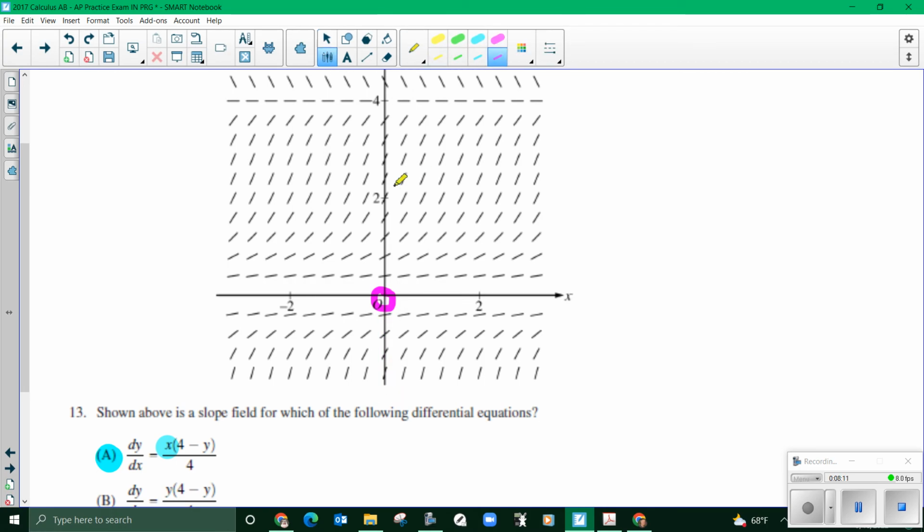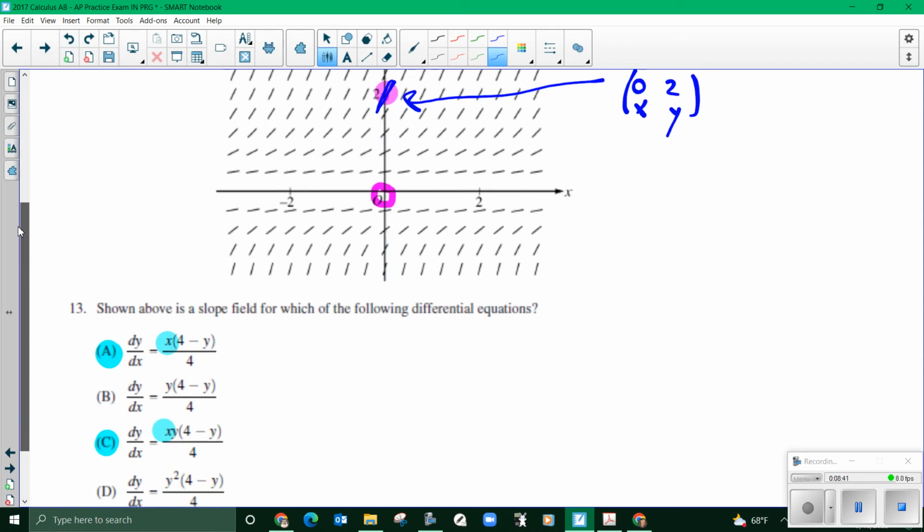They actually have a mark here where x is 0 and y is 2. So, this point right there, x is 0, y is 2. That is a positive slope. If you'll notice, anytime x is 0 on this line here, they're all positive slopes.